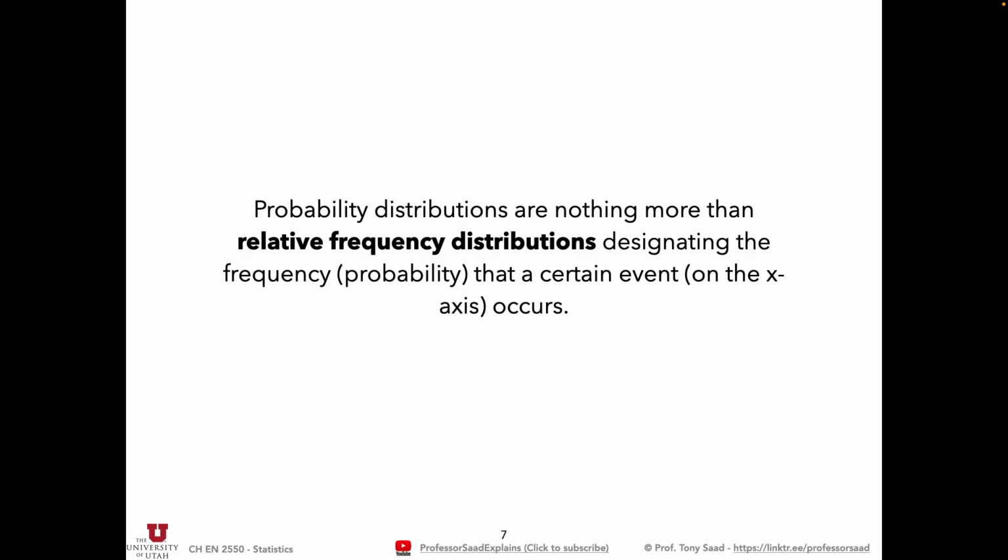Well, if you call that 12% a probability, and instead of having a range, you just have one number in that table, then that's nothing more than a probability distribution. So a discrete probability distribution is really nothing more than a relative frequency distribution designating the relative frequency, which we will call probability. Remember, in our definition of probability, we had the number of events over the total number in the sample space, right? So that's a relative frequency, right?